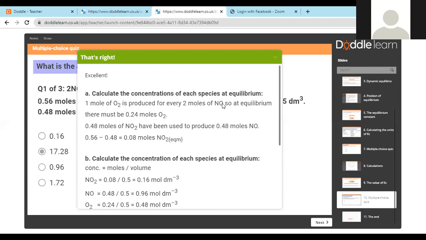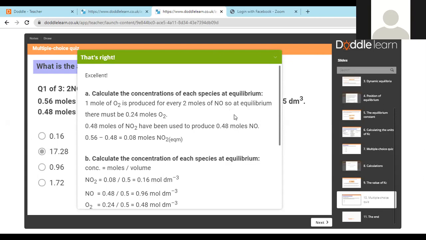Right. So I just wanted to get this up to talk it through with you because it's just a bit easier than my crazy ramblings. So basically what we want to do is calculate the concentrations of each species at equilibrium. We have 1 mole of oxygen produced for every 2 moles of NO. So at equilibrium, we know there must be 0.24 moles of oxygen.